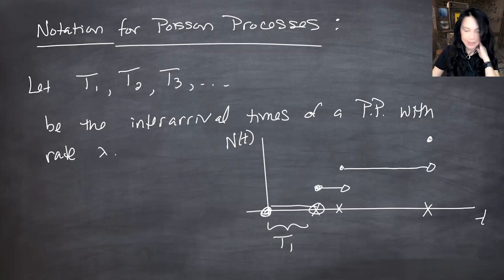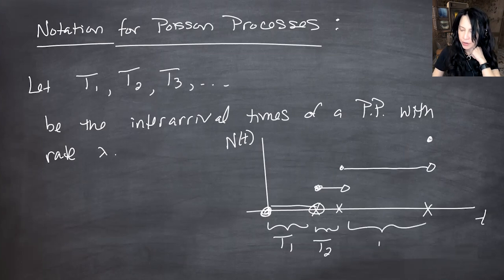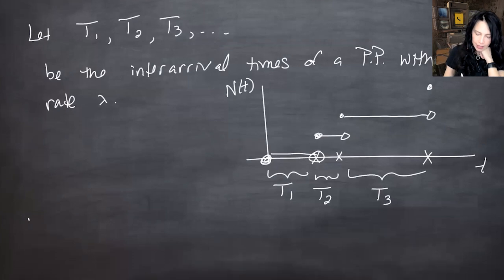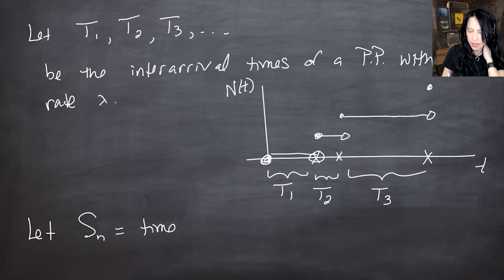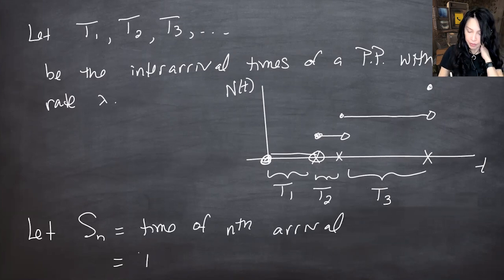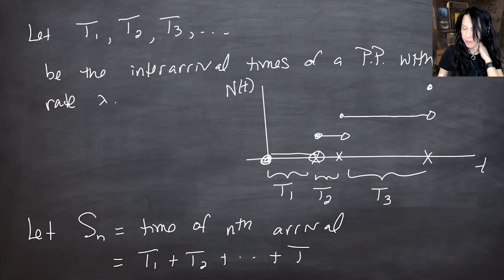But T2 is not the time of the second arrival. It's actually the inter-arrival time. And T3 is the inter-arrival time. And I'm going to use this notation, Sn, be the time of the nth arrival. And you can get that by summing the inter-arrival times up to the first n of them.